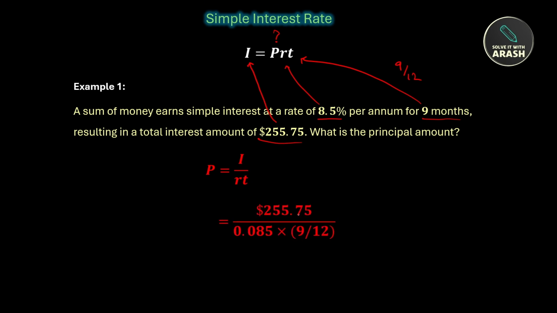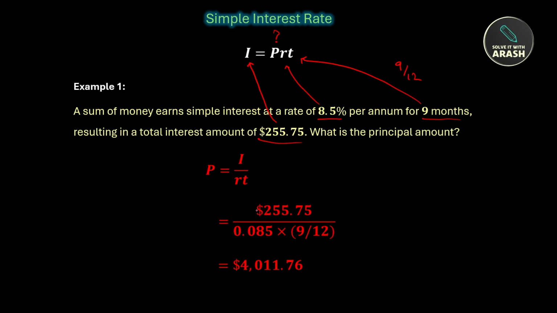So 255.75 divided by 0.085 times 9 over 12. And the answer is going to be $4,011.76.